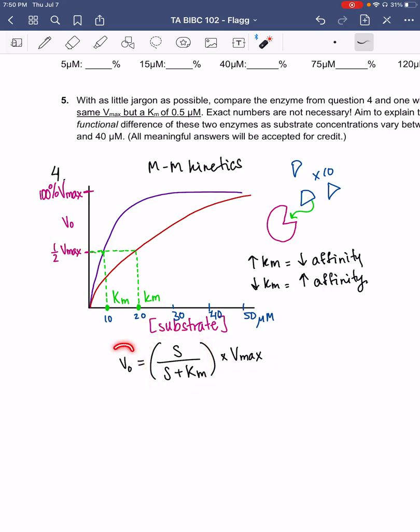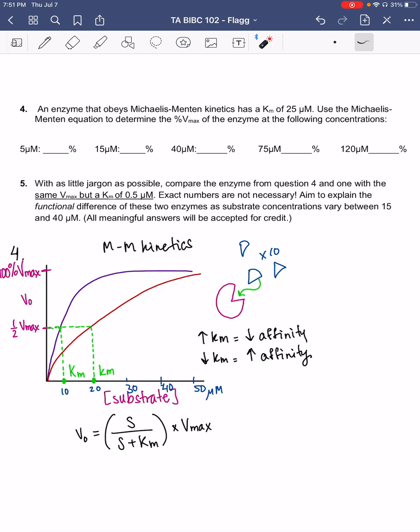Once again, V naught, which is any number here, is some fraction of Vmax, which we already covered, right? So 1/2 of Vmax is just another V naught. If we were here, the V naught would equal 1/4 Vmax. So V naught is just a fraction of Vmax.